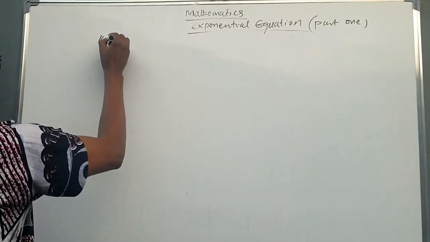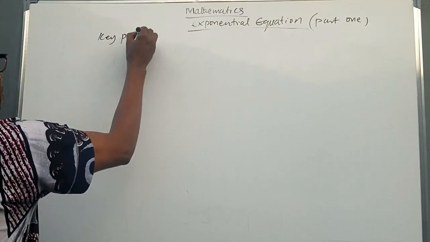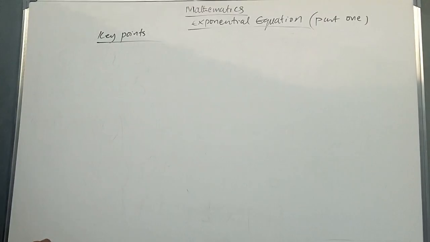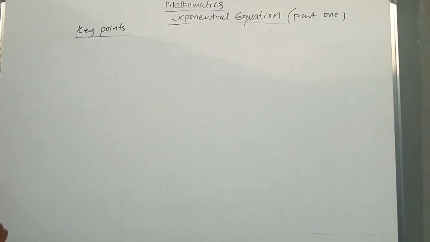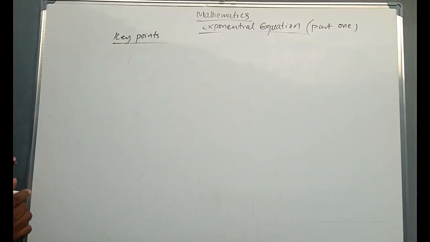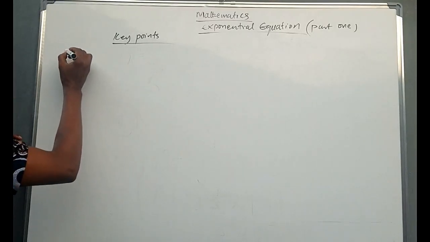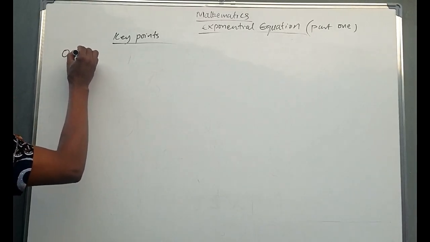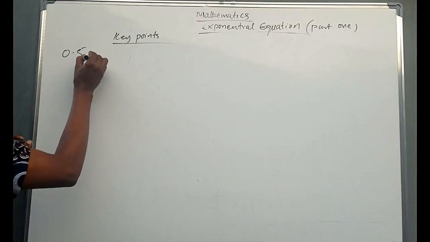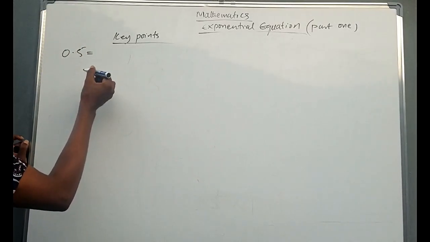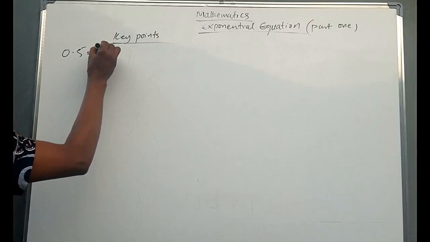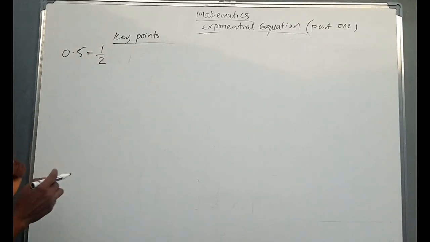Key points you must take care of when you are solving this kind of equation is the case of decimal points. You might find decimal points appearing as powers. For instance, if you have 0.5, you just know that 0.5 simply means half. That is 1 over 2. Some of you may say, how did you get the 1 over 2?